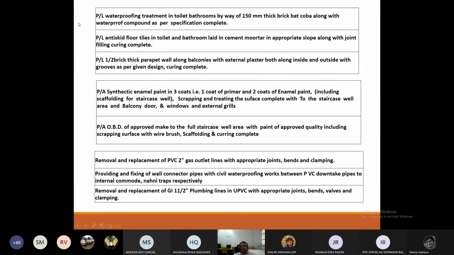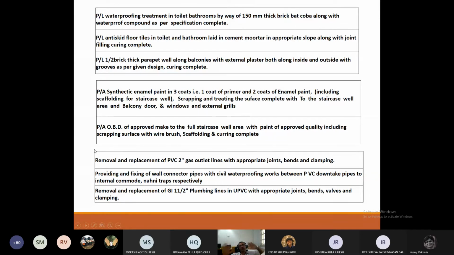Look at this. This is like providing and laying waterproofing treatment in toilet bathrooms by way of 150 mm thick brick bat coba along with waterproofing compound as per specification complete. So first it talks about how things are to be laid. It gives the sizes and it gives the material.